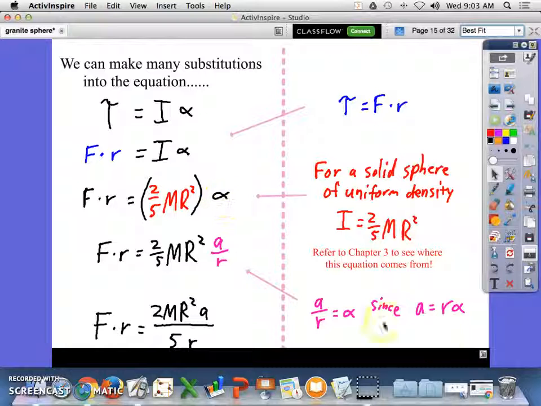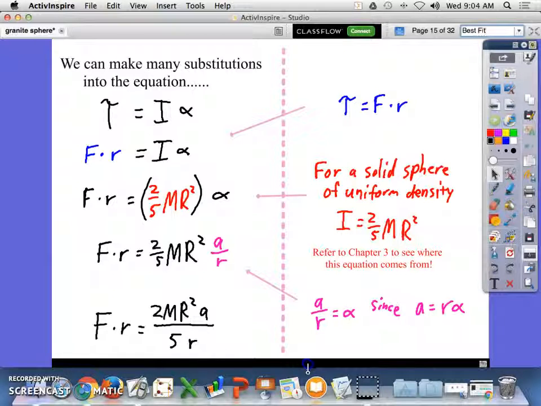Well, I don't have this alpha, but if I put in a over r for alpha and make that substitution, now I've got stuff that we can measure. We can measure r from circumference. We're looking for m. We can measure force. We have to do something yet with this a, but hang on. You might see where we're going with this. Okay, so let's take this equation where we're at so far on to the next page.